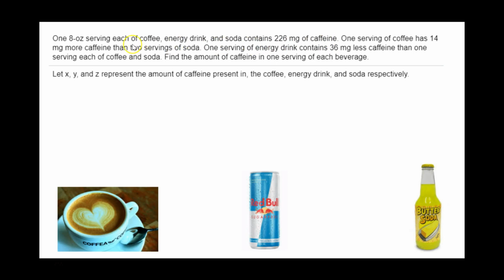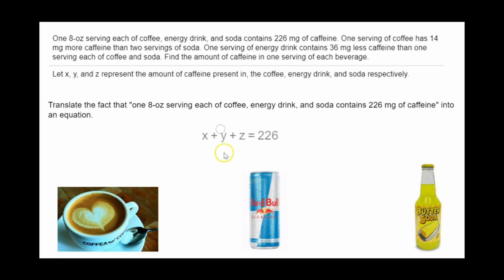So using this first sentence, how can we create an equation out of this? Coffee, energy drinks, soda, add them together, and we get 226. This will be my equation 1. So from the first sentence, I created my equation 1.